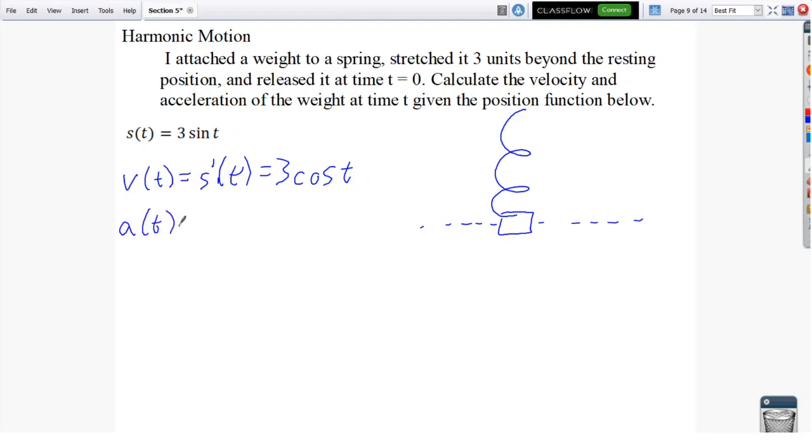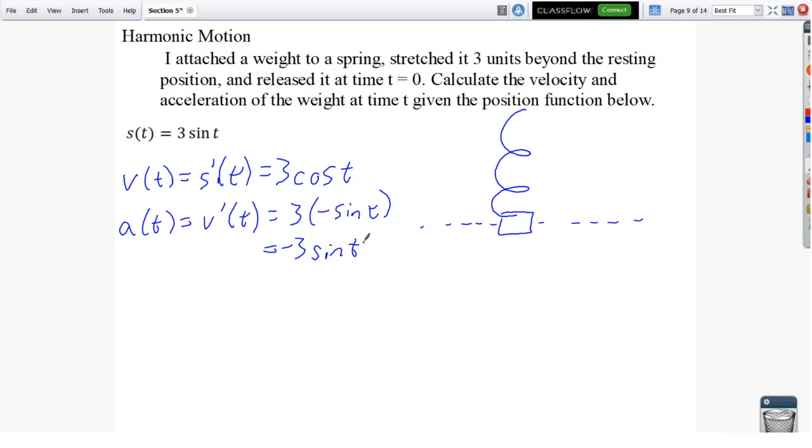Acceleration is equal to our velocity derivative. Constant multiple of 3. Derivative of cosine is negative sine of t, or negative 3 sine of t. There's our functions for position, velocity, and acceleration.